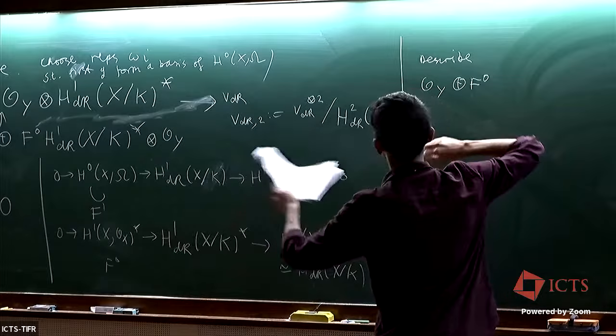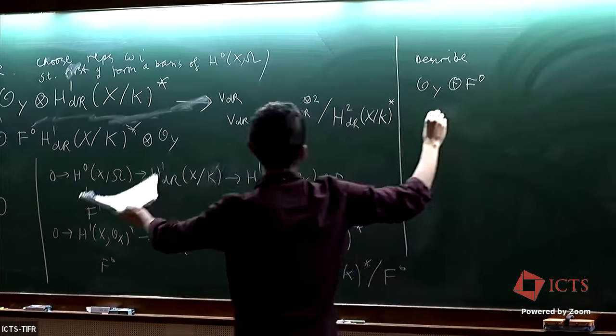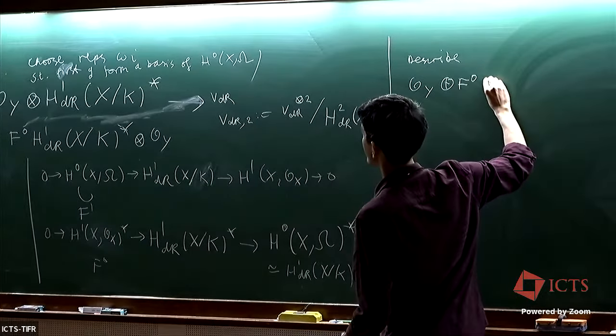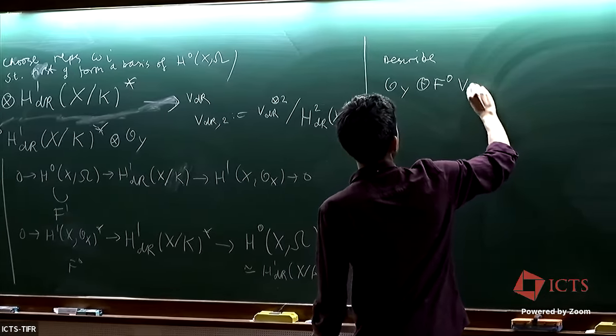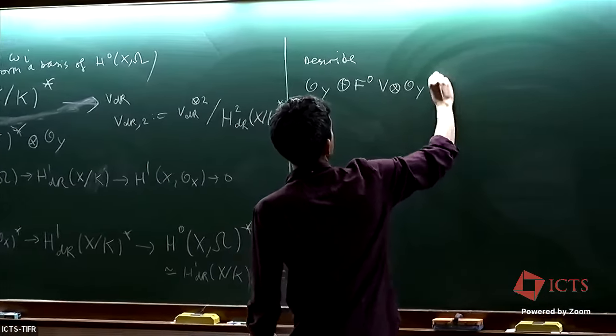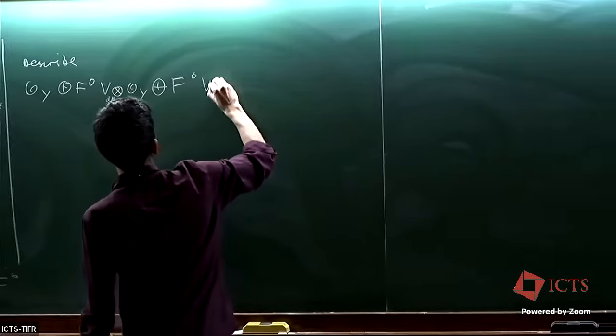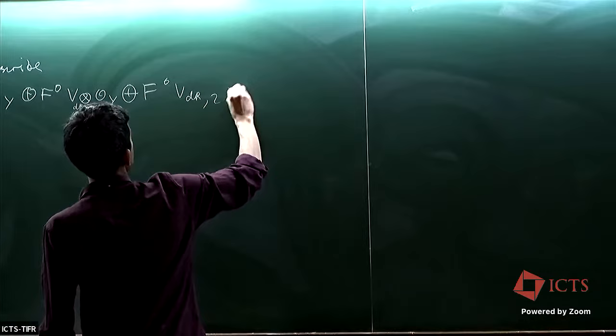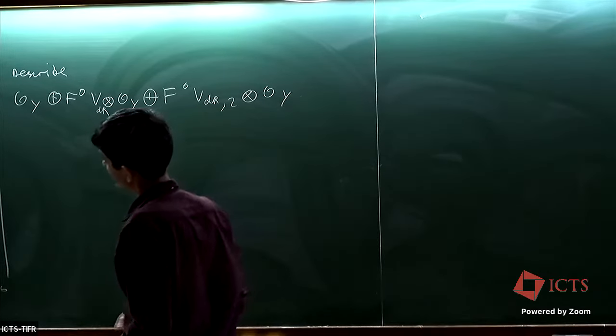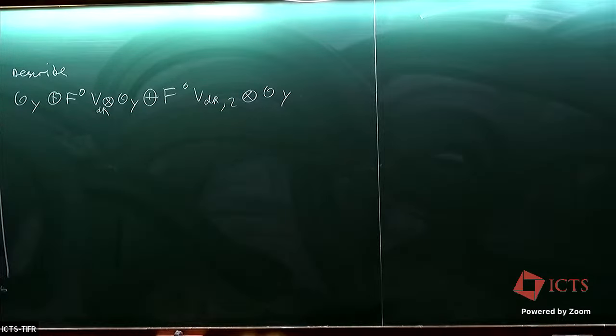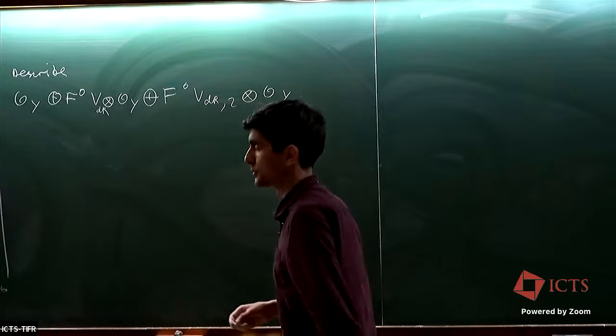The graded pieces of the F0 of E2 are going to be given by this F0 of V de Rham tensor O_Y, and V de Rham 2 tensor O_Y. And then E2 is going to be given by the direct sum of O_Y, the whole of V de Rham tensor O_Y, and the whole of V de Rham 2 tensor O_Y.